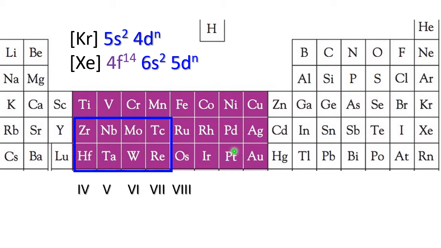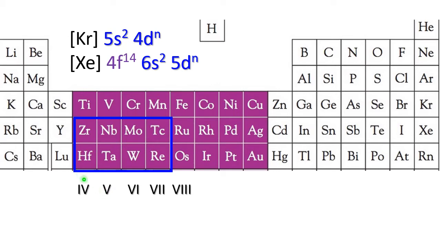That's why you have plenty of electrons for covalent bonding, and most compounds of these elements are covalent or have a large covalent component in bonding.